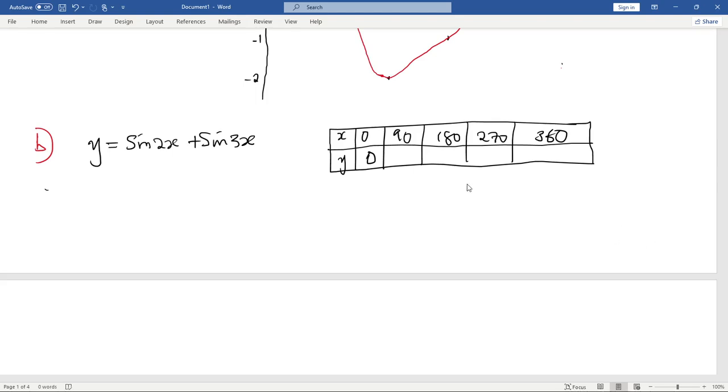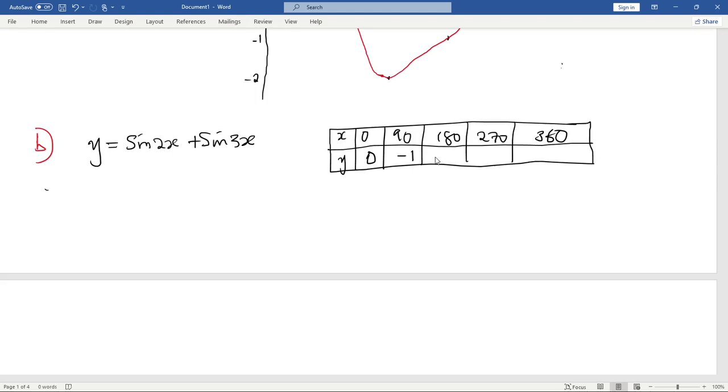So this will give us a negative 1 here, like this. We go ahead, we substitute. So we're just substituting where there's x, we put the value of x here, then we evaluate the whole thing there.